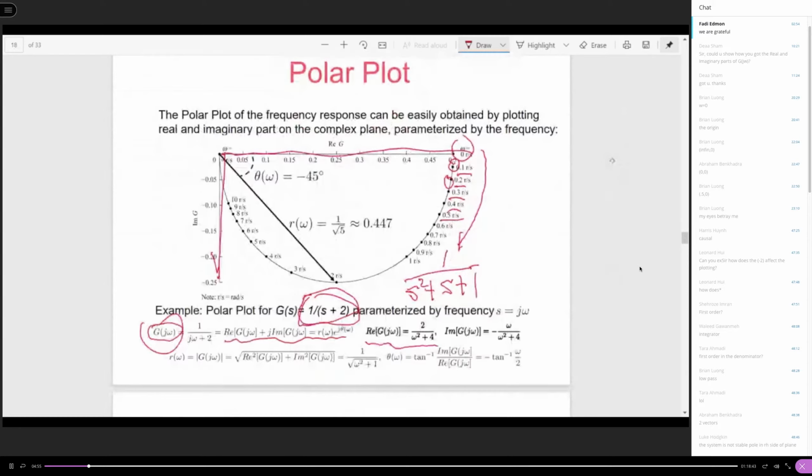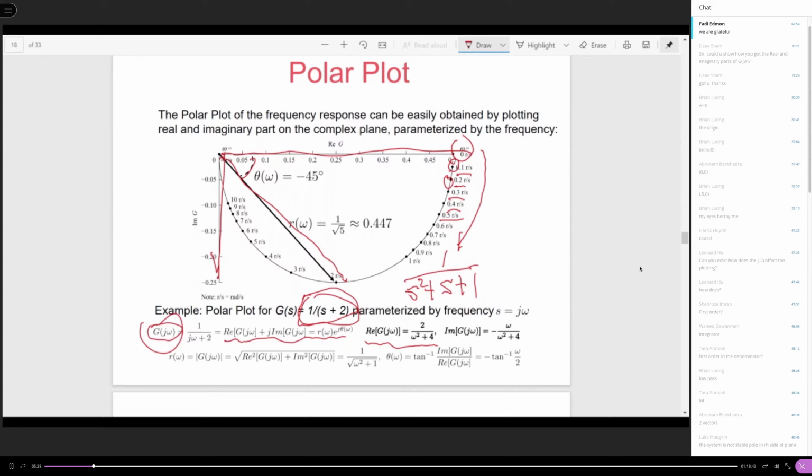Here we actually integrate both magnitude and phase together in one plot. So the price you pay is that you cannot explicitly express the value of omega, but you understand it is implied for each point on this plot. That is a very special feature of the polar plot. You have to remember that. You have to get used to it.